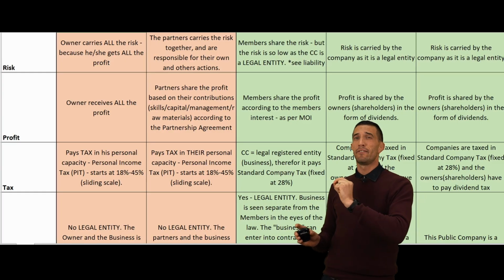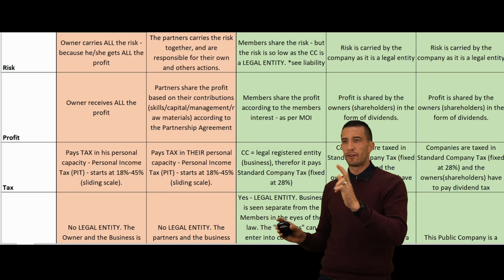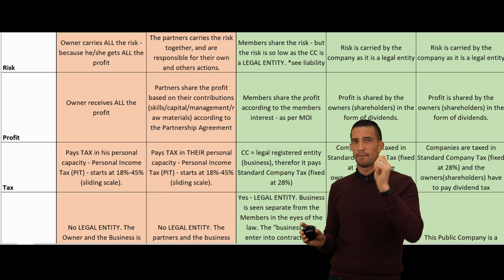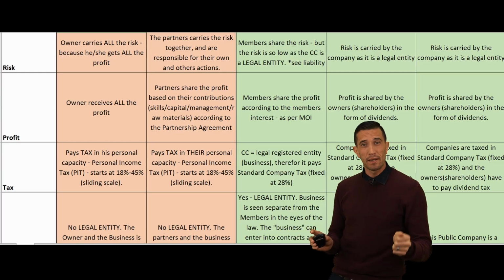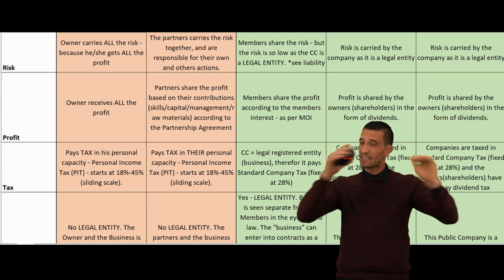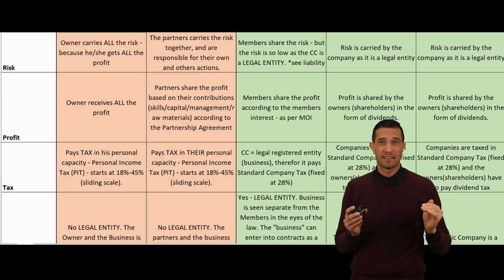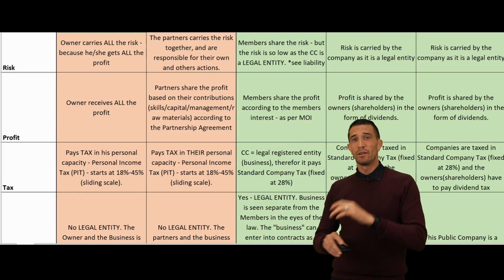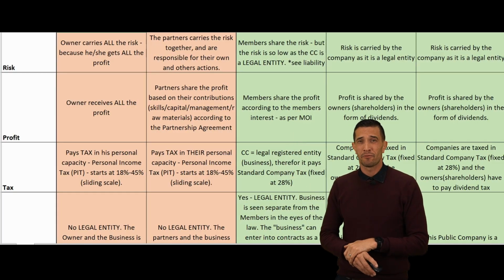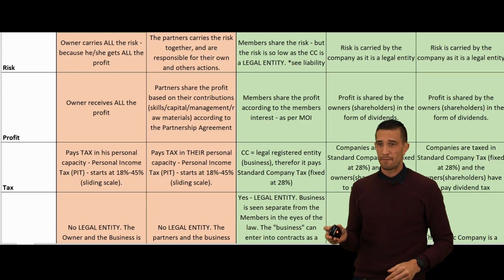What makes it different is when you have a company, the shareholders pay dividend tax, which is 15%, but the company pays standard company tax, which is fixed at 28%, which is much lower than if you were a sole trader and your turnover was high, let's say $1 million per month, you would have almost racked up 45% tax. So that's why you want to actually register a company.